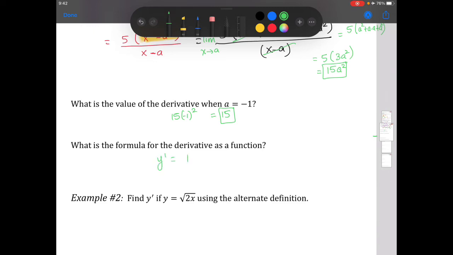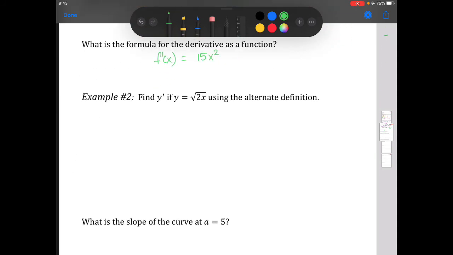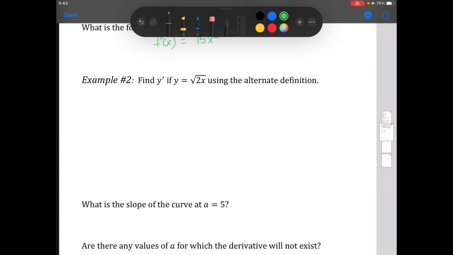So this was what? y prime is 15x squared. That was your formula for the derivative as a function. So if I'm writing it as a function, I actually would use my function notation, f prime of x.